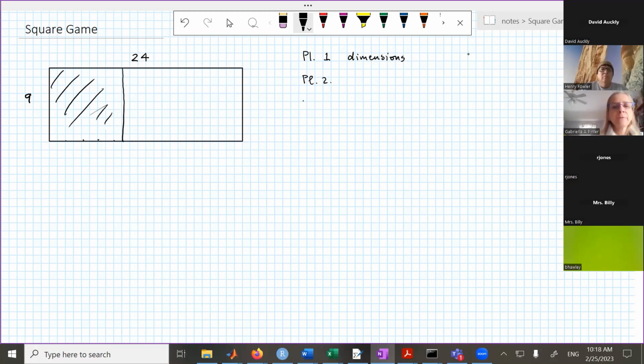And now it's player 1's turn again. And player 1 also draws in the largest square possible in such a way that it has to share a side of a previous square, and it has to leave a rectangle if there's something to be left. Okay, so what's the largest square that we can draw in?